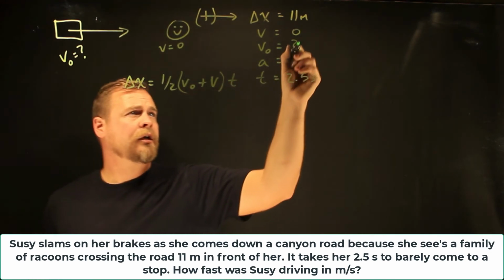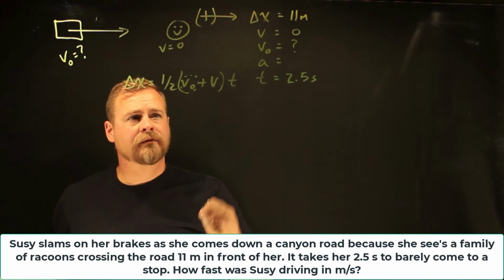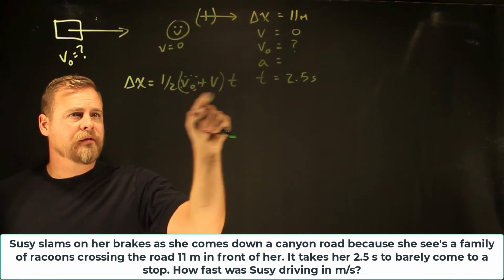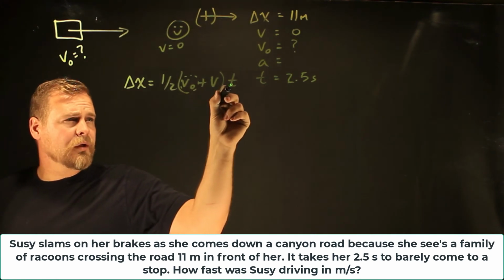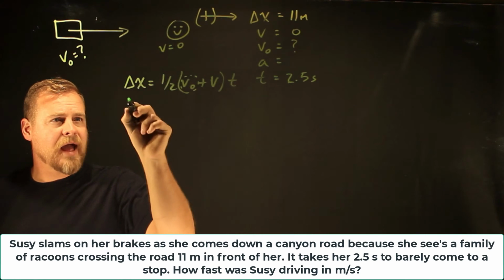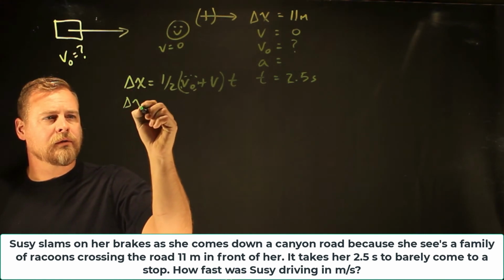Solve symbolically for my v naught, so I'm looking to get this guy by itself, and so I can take both of these over to the other side. If I divide by a half, that means really I'm going to be able to multiply, so I'll do it longhand here.